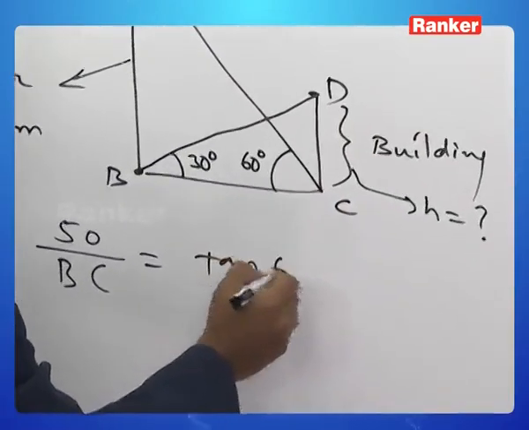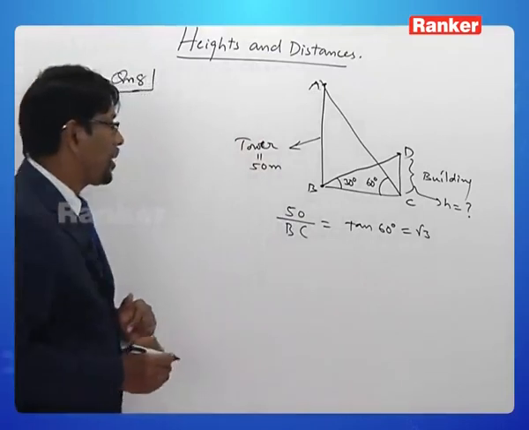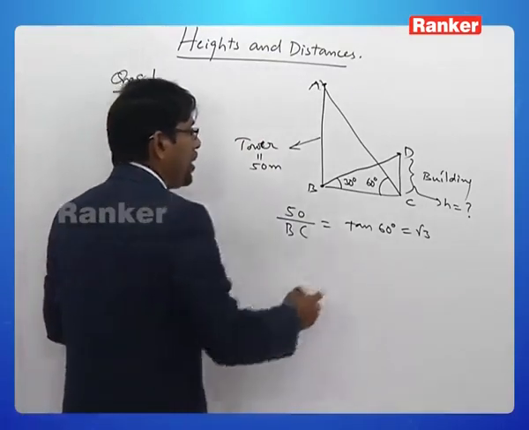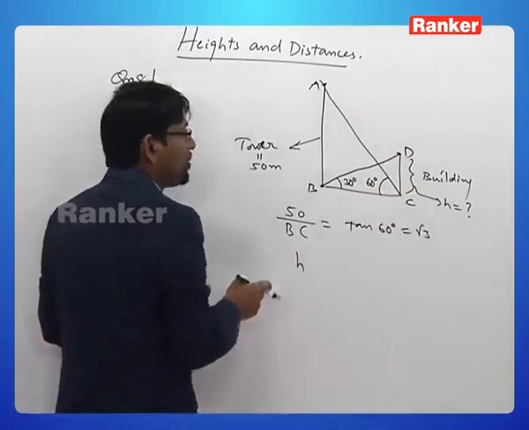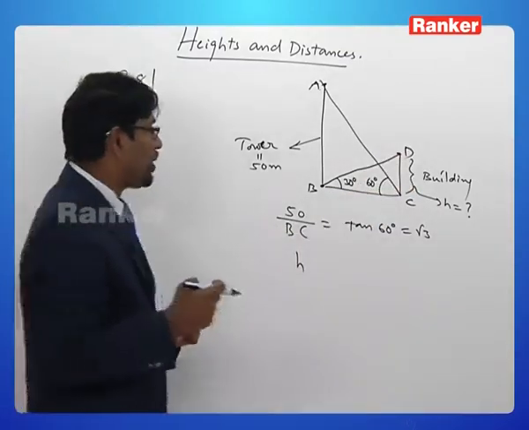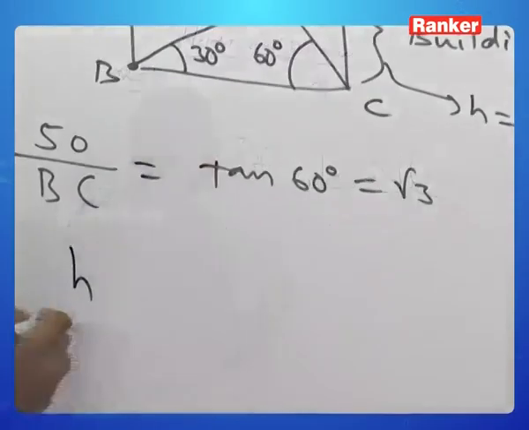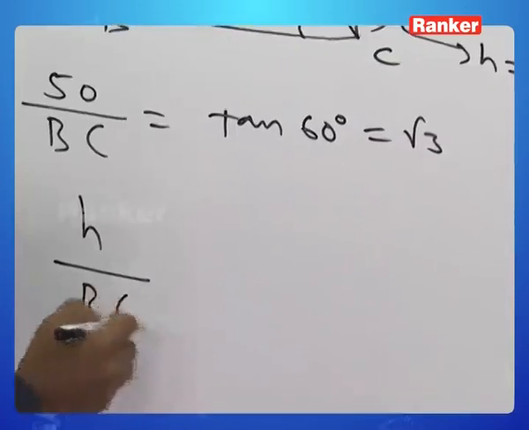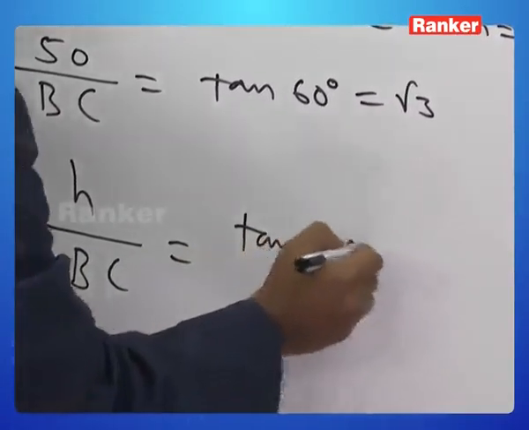That's root 3. Again, let's call this H. That is DC by BC. DC by BC will be again opposite by adjacent in this triangle BDC, and that will be H by BC, and that is again tan 30. 1 by root 3.